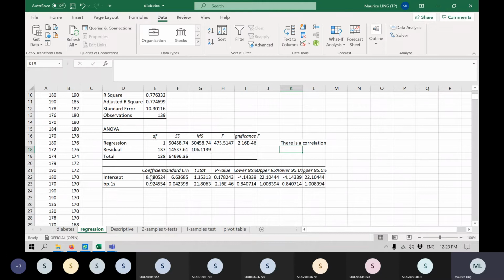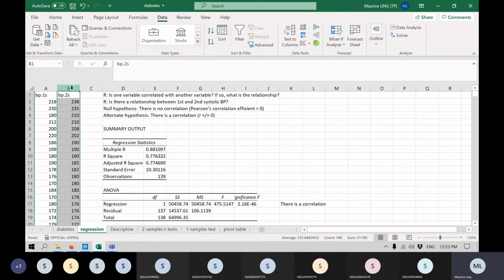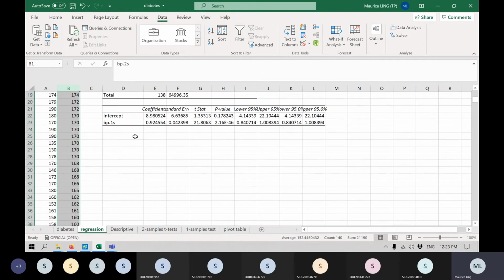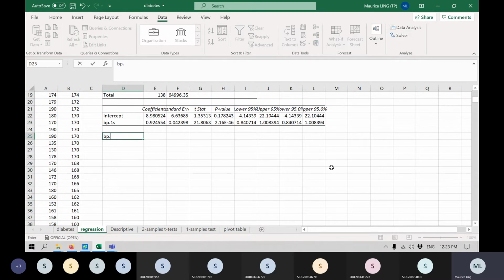What is here is quite interesting as well. The next table tells you what the correlation is. Remember, our BP2 is your y-axis, your BP1 is the x-axis, which means you can write BP2S equals to, this is the correlation coefficient. Highlight this word, it's called coefficients. It means that this is the equation.